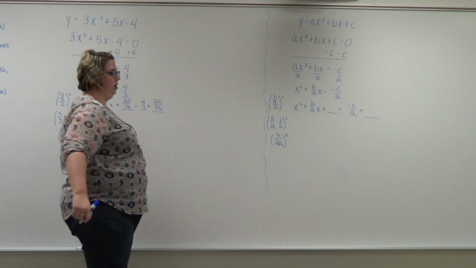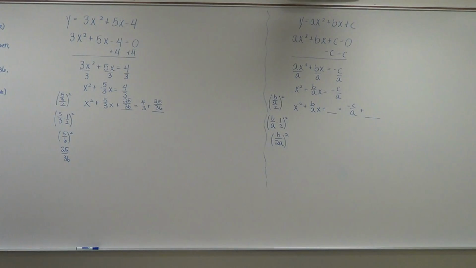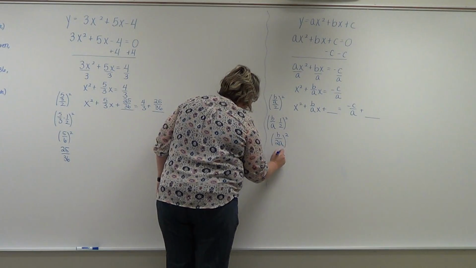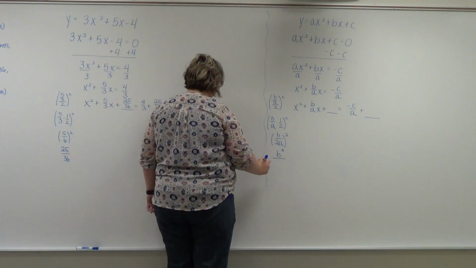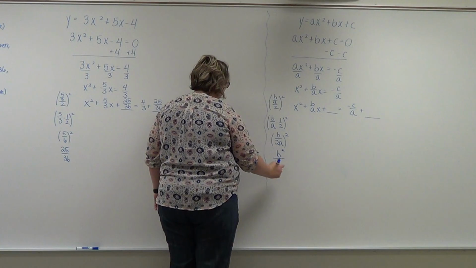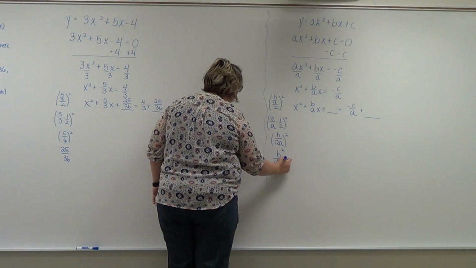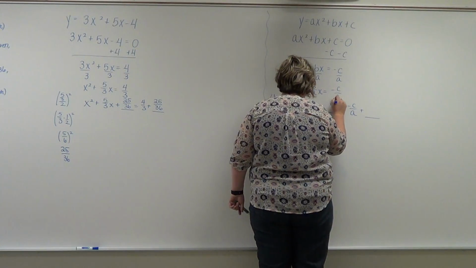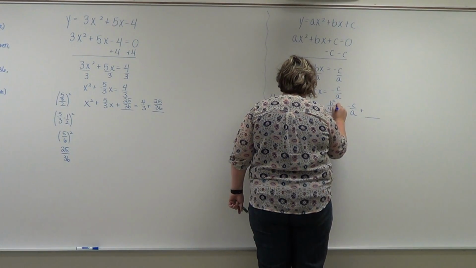Okay, then I'm going to square it. So what's b times b? B squared. Okay, what's 2 times 2? And what's a times a? Okay, so this would be plus b squared over 4a squared.